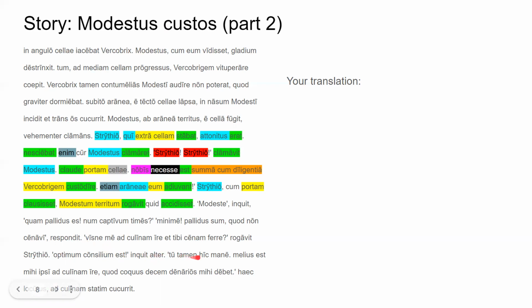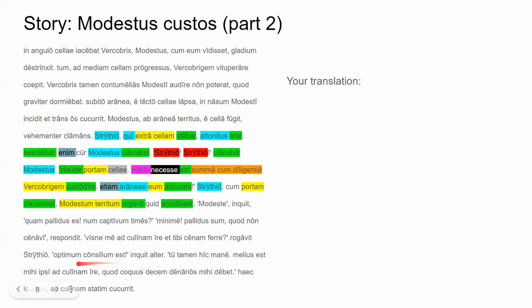Tu tamen hic mane. You, however, remain here. Hic is an adverb that just means here in this case, and mane is an imperative. Melius est mihi ipsi ad culinam ire quod coquus decem denarios mihi debet. All right, our old friend of adjective plus est plus dative plus infinitive.